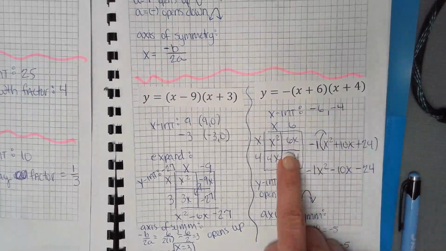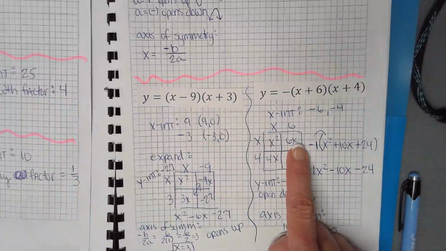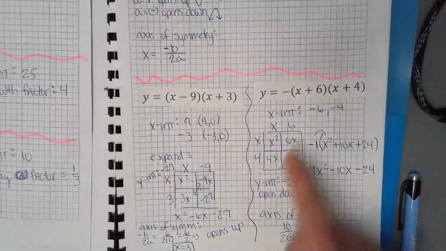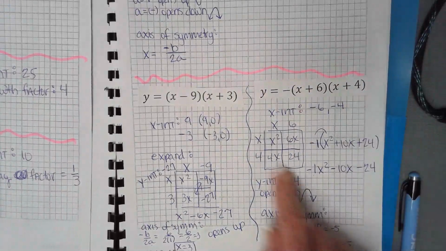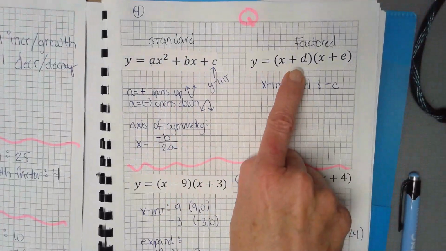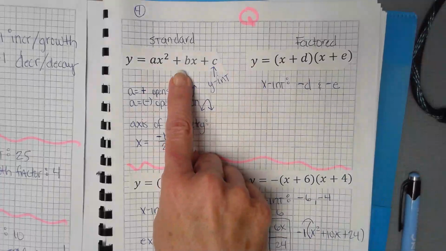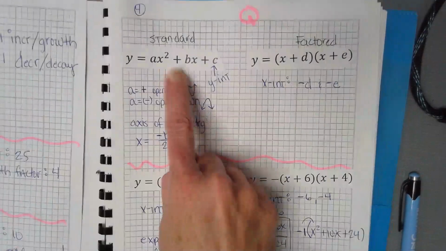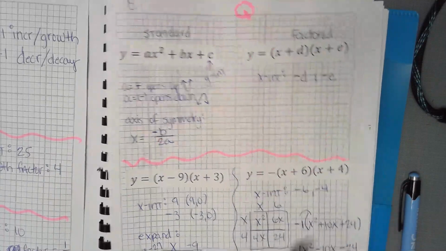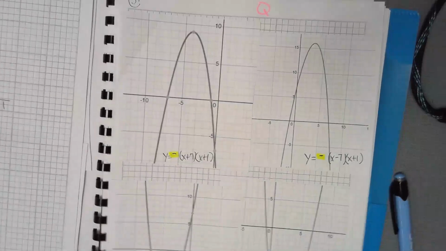Y'all knew it before I said it. You said we're going to do a 2x2 box and multiply this. Well, what we're going to do is go backwards. I'm going to show you how to get from standard form to factored form. To get from here to here, we do 2x2 boxes. To get from here to here, we actually have to factor. Okay, so that's where we're headed. That's what we're doing today.